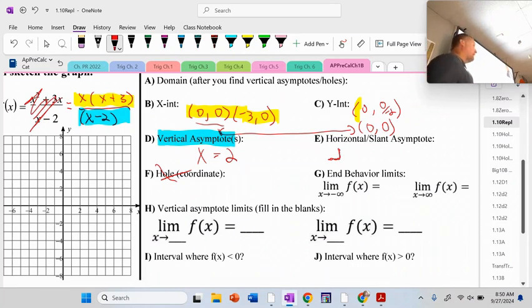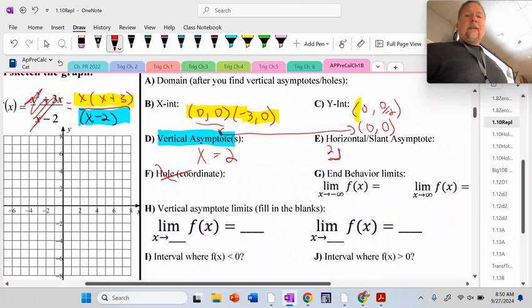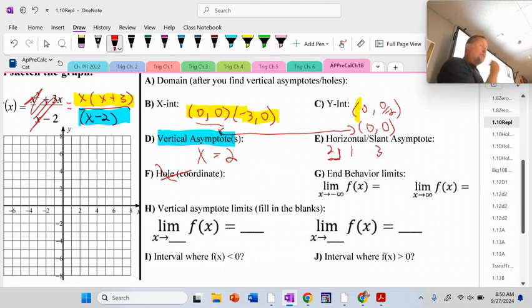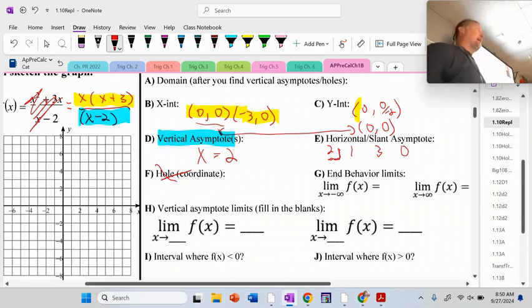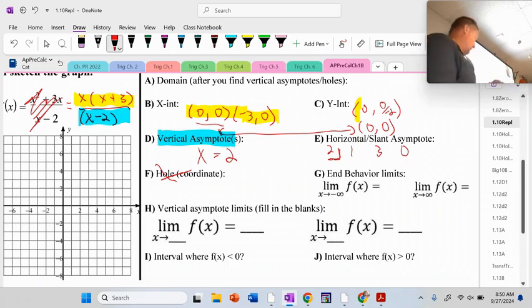To find a horizontal asymptote, go back to the original and synthetically divide. And then guess what? That's 1x squared. That's 3x. What's missing? Even though I don't really need it, I do want to write it. 0. The last term is 0, the missing constant. And the reason I do that is if we had to synthetically divide and we're missing the constant and I had to write a synthetic division answer completely, I have to incorporate that.